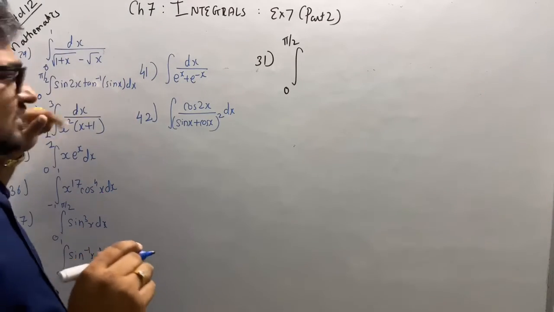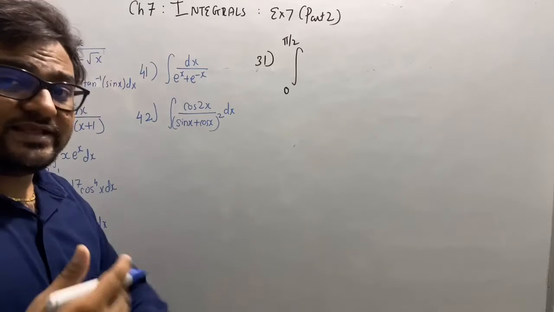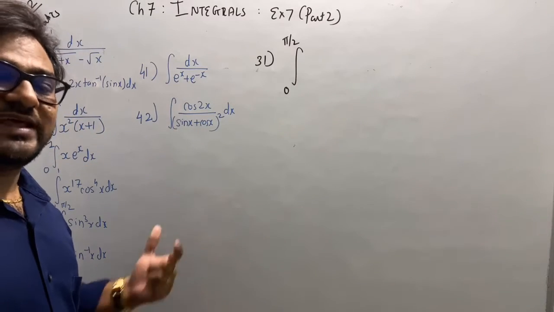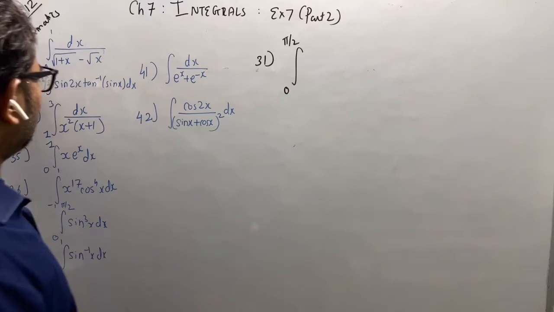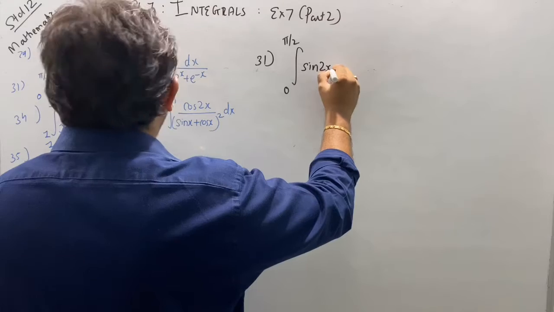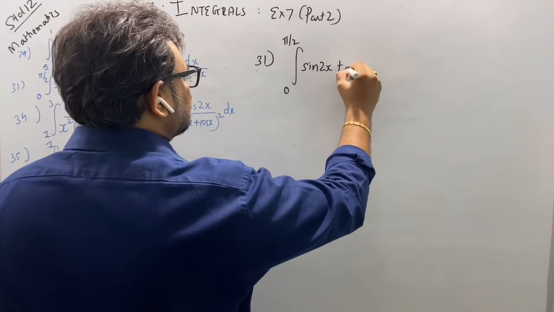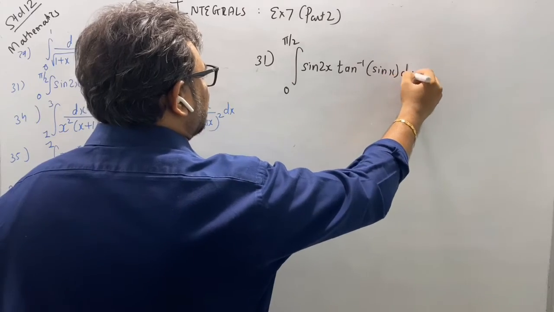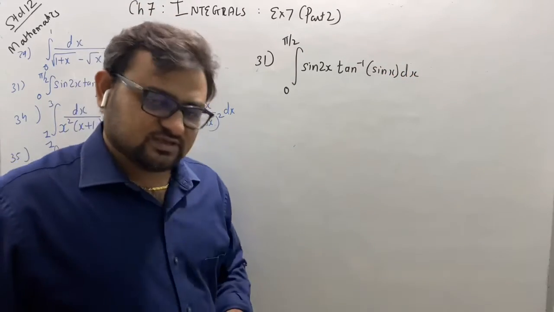It's not in sequence. The sums which are remaining in between are solved in the next video. So it is integral 0 to pi by 2 sin 2x tan inverse sin x dx.